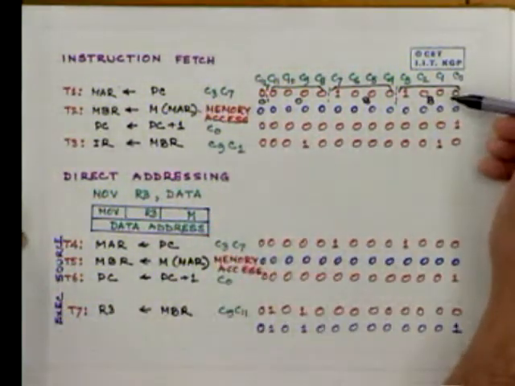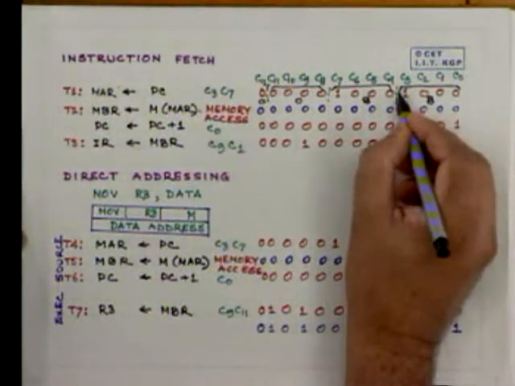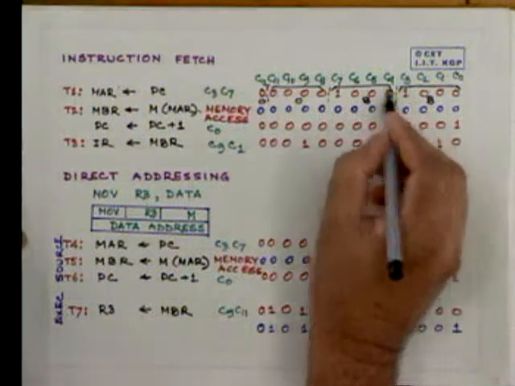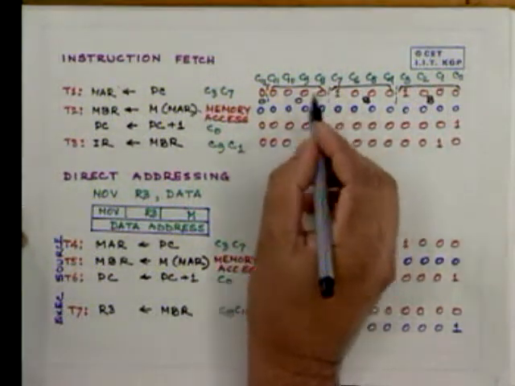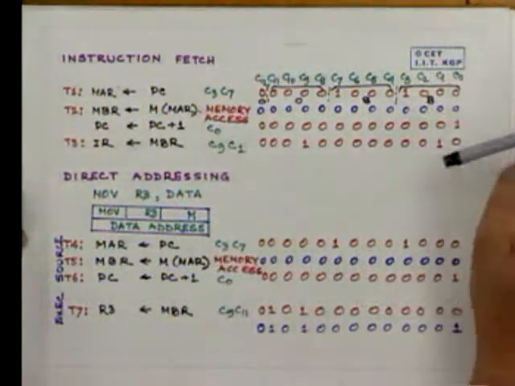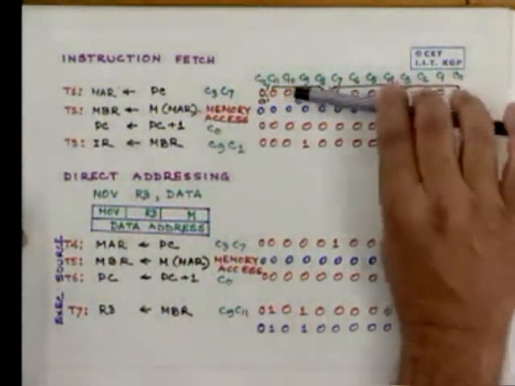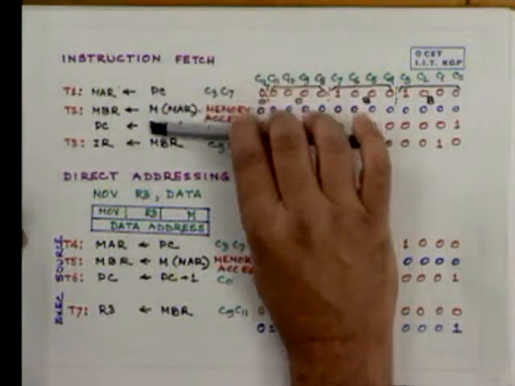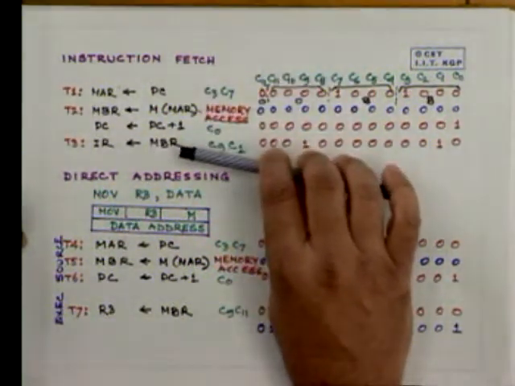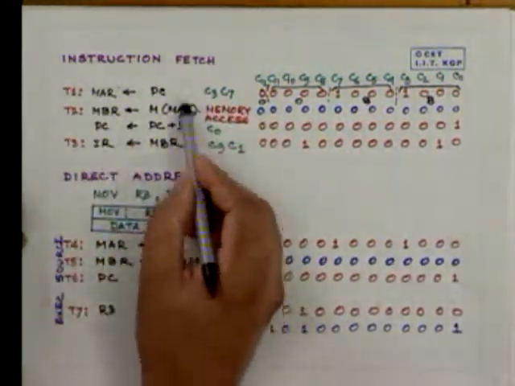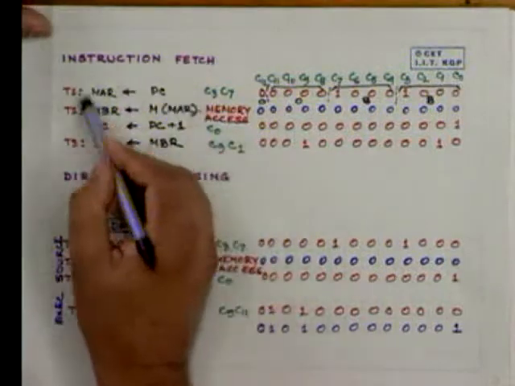Now, this is a control word. Each one of them we call a micro operation. For example, this is a micro operation, this is a micro instruction. Now, if we arrange these micro instructions one after the other, the way that the micro instructions should be executed, this forms what we call a micro program.